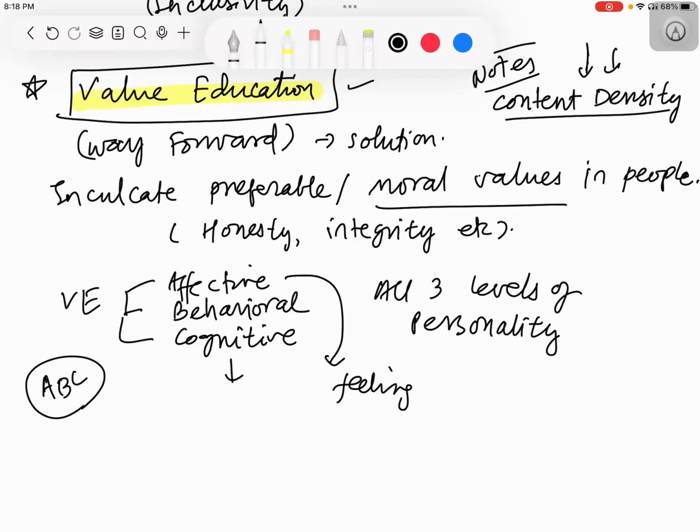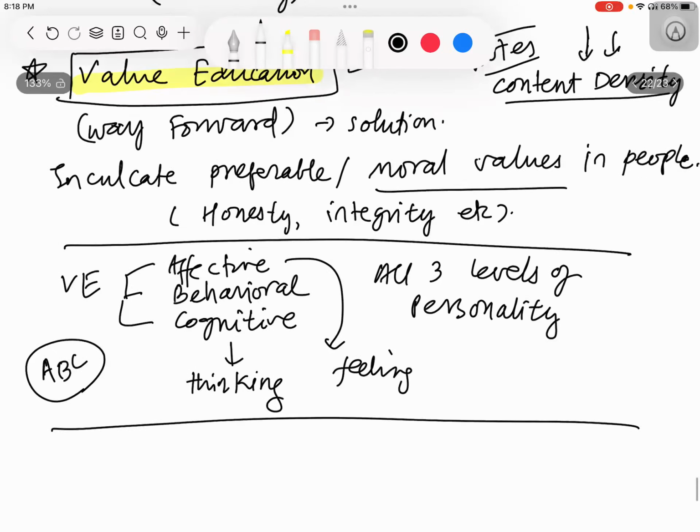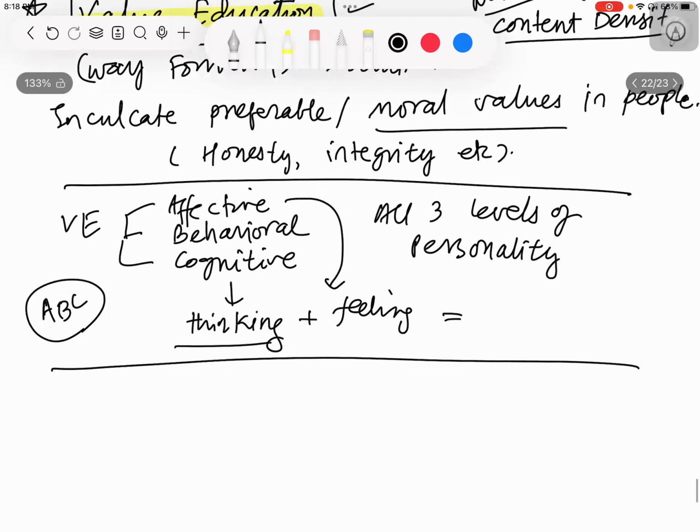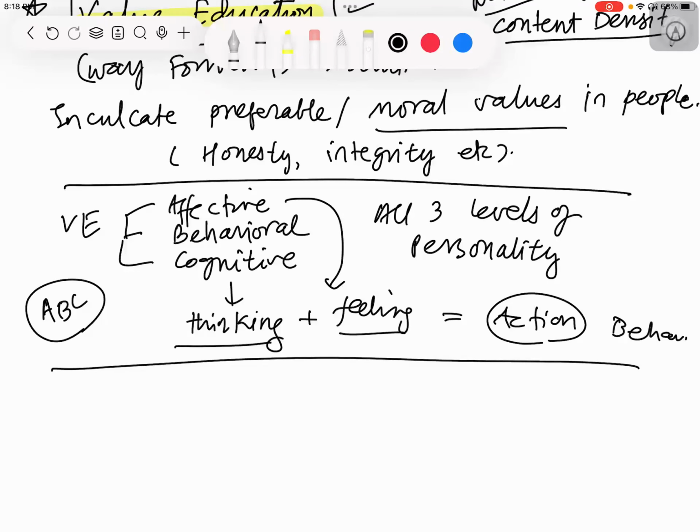Behavioral is action, cognitive means thinking. So thinking, feeling and action, value education affects all three levels of personality. The point is that thinking and feeling mix first, and finally comes action. Action means behavior. So value education is something which will affect initially your thinking and feeling, and finally it will get reflected in your action. Right? Finally, that is our outcome.